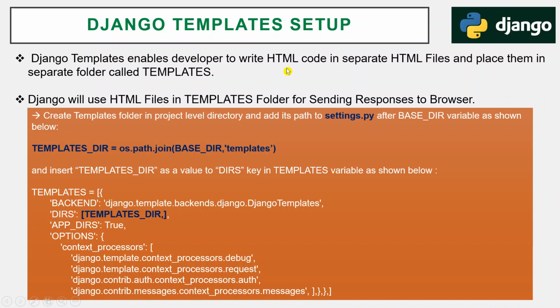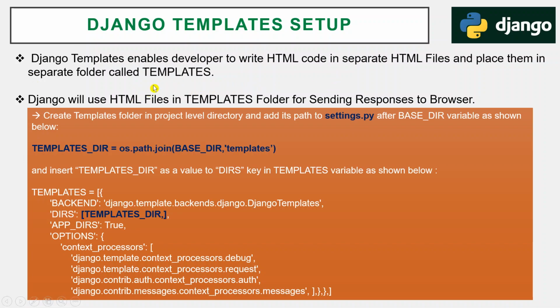So instead of writing all the messy code inside the HTTP response method like strings, the smart way of doing that is, we will create one folder and then we will place all the HTML files in that folder. Okay, and then we will tell Django to detect that folder. Okay, we will configure that one. We will see how we need to do all these things.